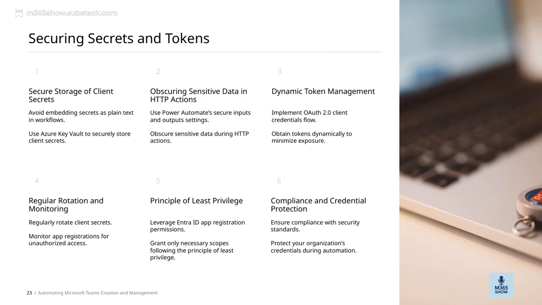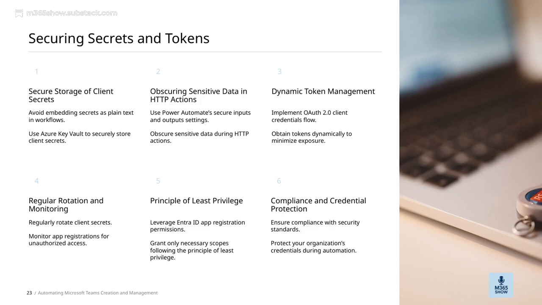Implementing OAuth 2 client credentials flow allows us to obtain tokens dynamically, which minimizes exposure by not storing long-lived tokens. When using Power Automate, we should utilize its secure inputs and outputs settings to obscure sensitive data during HTTP actions, ensuring secrets are not visible in logs or outputs. Furthermore, avoid embedding secrets as plain text within workflows.